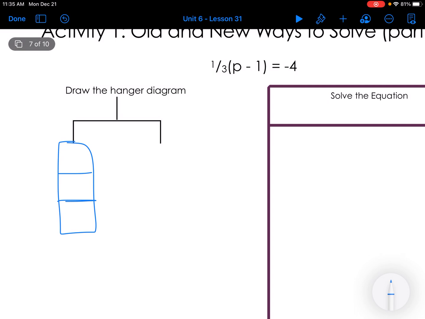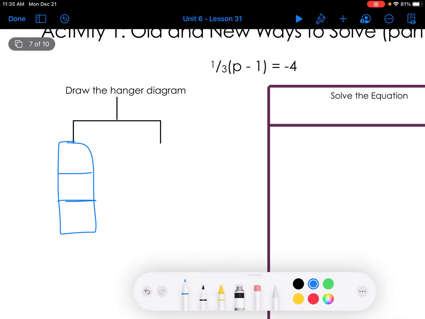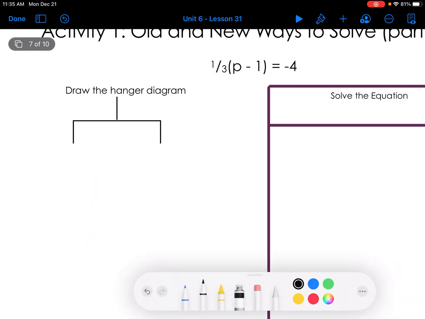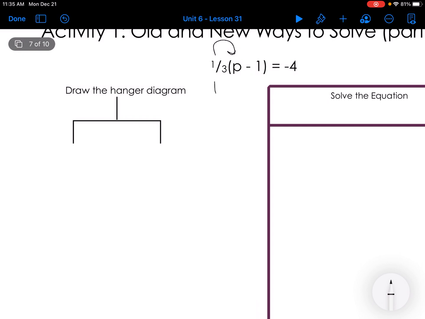I have 1/3 of a group of p minus 1. Maybe it would be better, because remember the idea is you're trying to figure out the better strategy, to distribute first, then draw my hanger diagram. So that'd be 1/3 p, and then 1/3 times a negative 1 would be a negative 1/3.